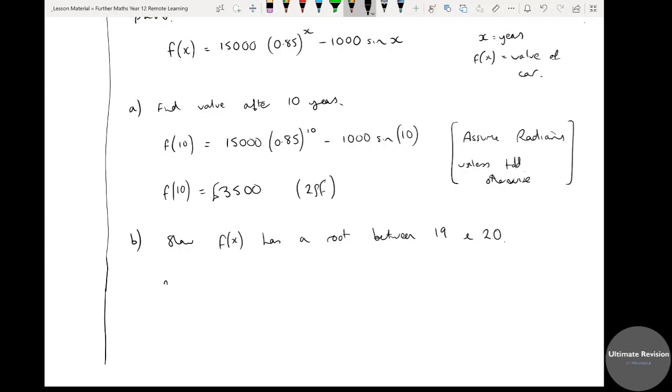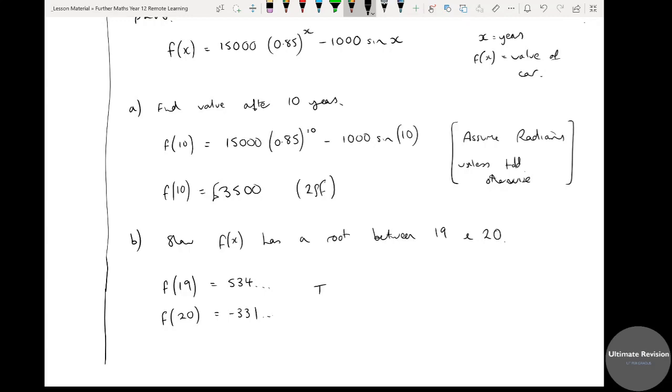So in order to do that, you put in 19, which is, let's have a look. Put in 19 and I think you get an answer of 534 approximately. You put in 20 into the expression, it's minus 331, and then you must write the statement.